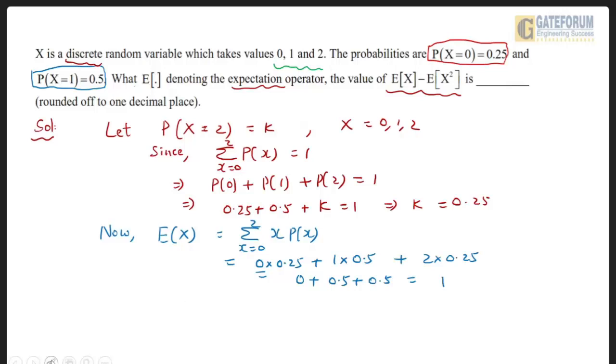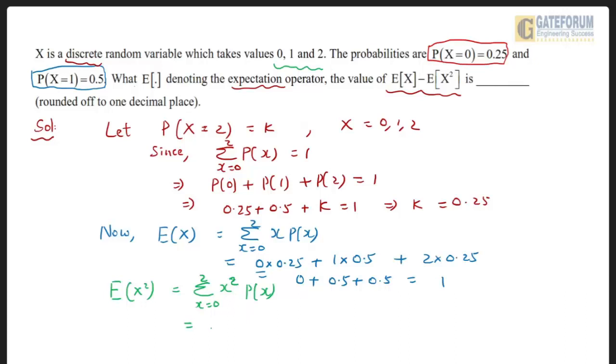Next, E of x square. Summation x equal to 0 to 2 of x square into P of x. Okay.